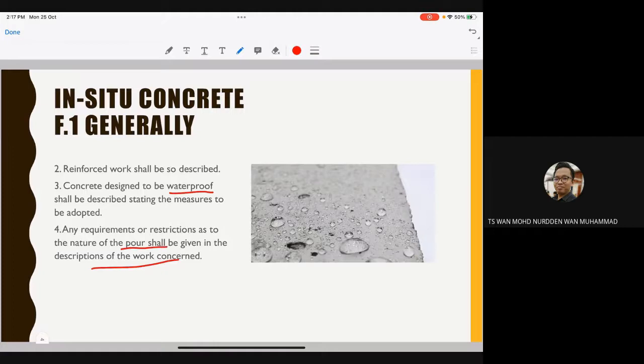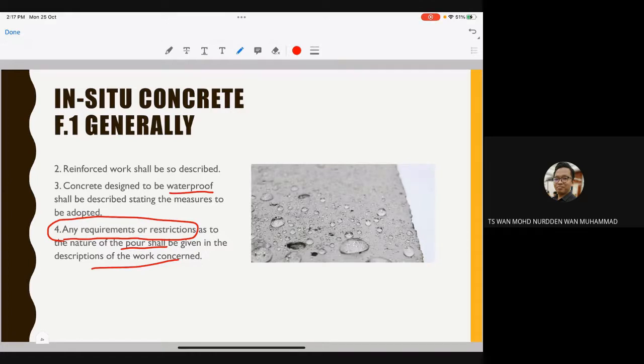Nature of the pour means the method of how we pour the concrete. If there is any requirement or restriction, for example from the local authority stating that we cannot pour concrete in a certain way, for example by using a pump, then the contractor will choose another method other than using a pump.